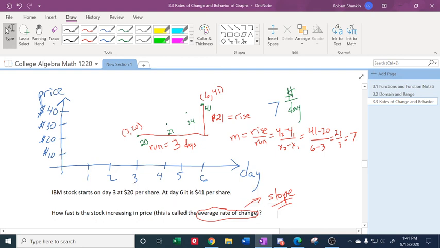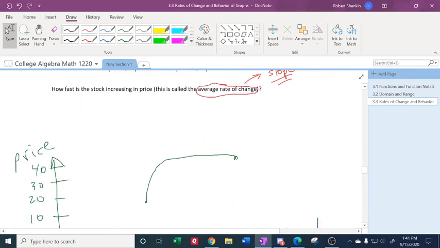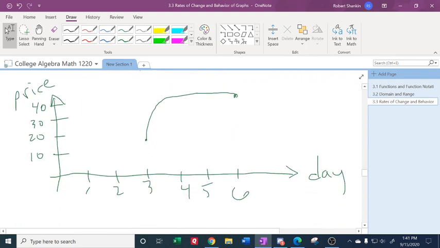All right, now let's look at this situation. At day 3, it's $20 per share. At day 6, it's $41 per share. Same 2 points.